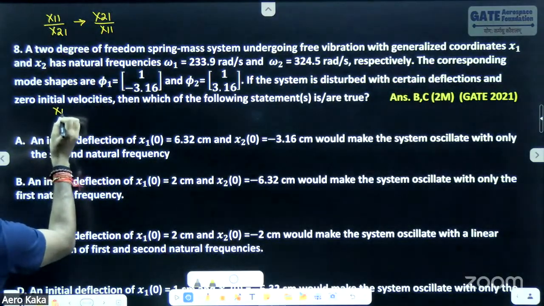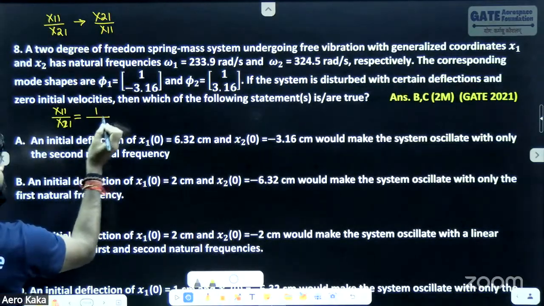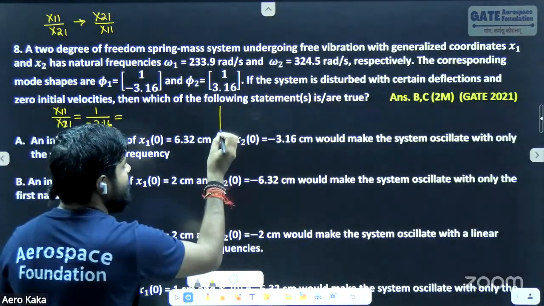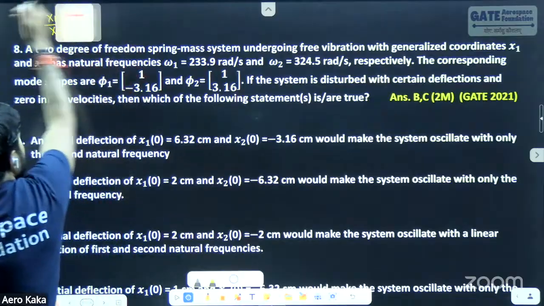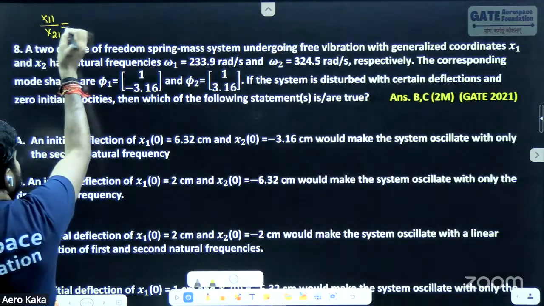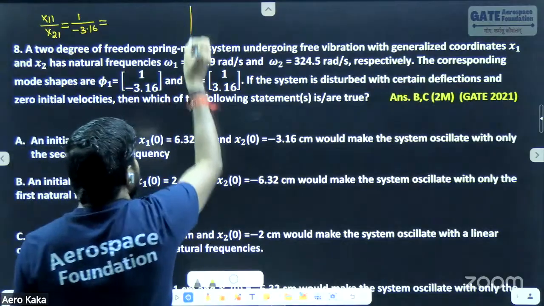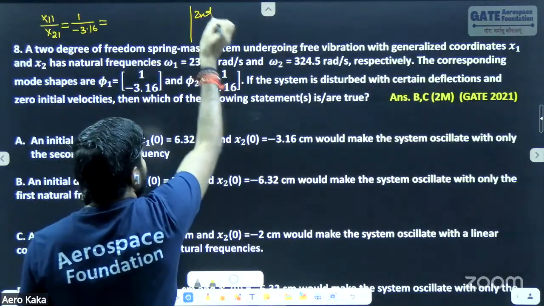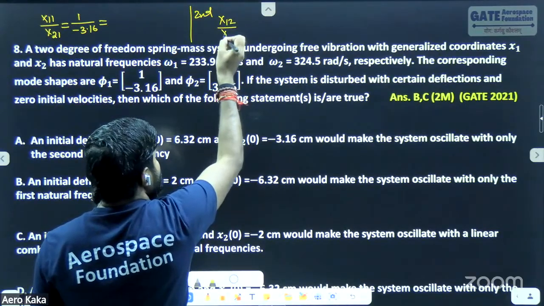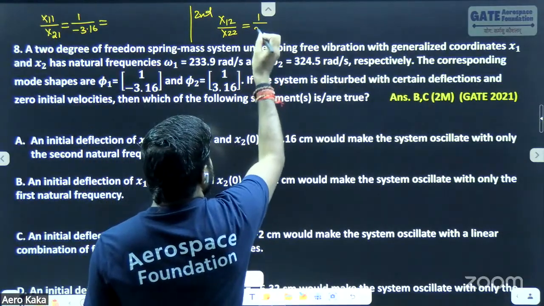Calculate x11 divided by x21, 1 upon minus 3.16. Could you tell me how much we'll get? This is the first mode. Second mode ratio, we can calculate: x12 divided by x22 is nothing but how much? 1 upon 3.16.